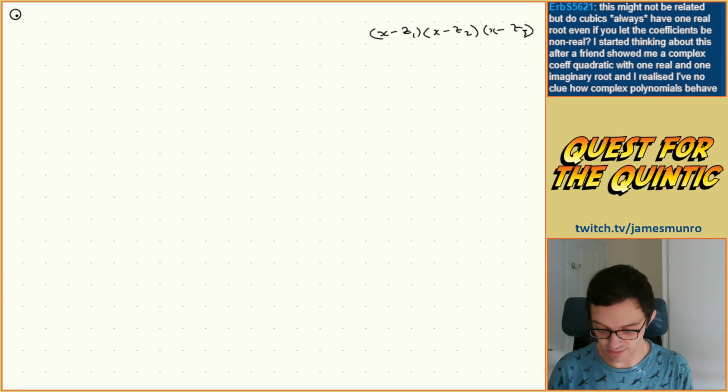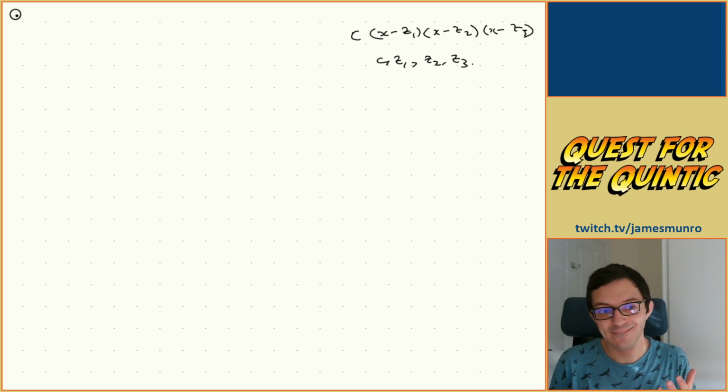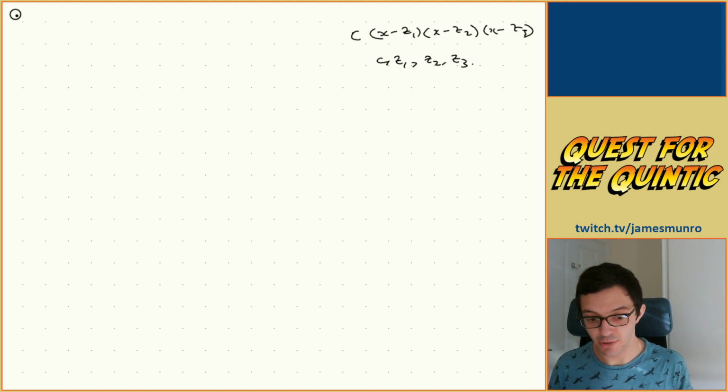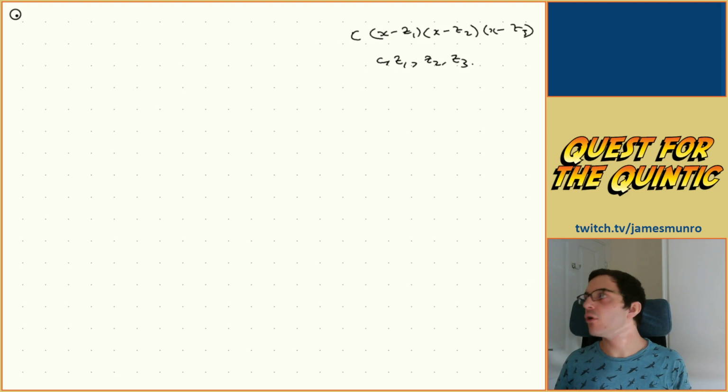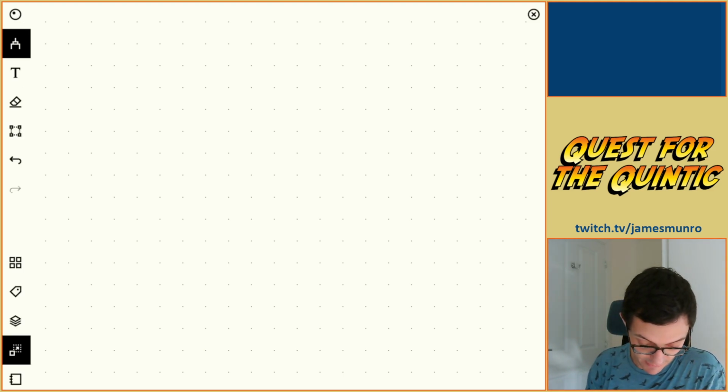You sort of know this because if I give you x minus z1, x minus z2, x minus z3 as a factorized thing, with a prefactor at the front as well, some big C, where these are all complex numbers, then clearly I can choose z1, z2, z3 to be any 3 numbers I like in the complex plane, and I'll get a cubic with probably complex coefficients. So in general, polynomials are in not quite, but almost one-to-one correspondence with triples of points in the complex plane. Not quite because of repeated roots and prefactors and permuting the roots, which I guess is what we're doing. In general, you can do kind of anything.